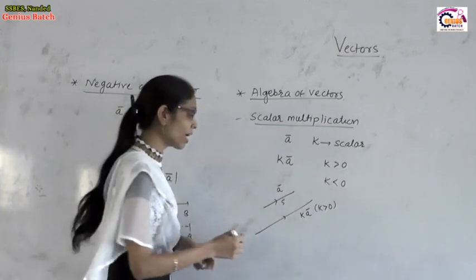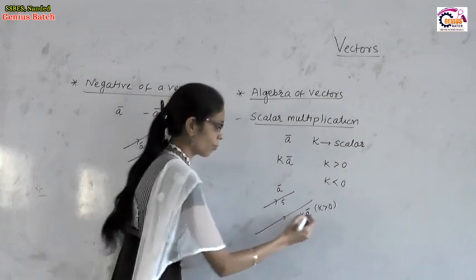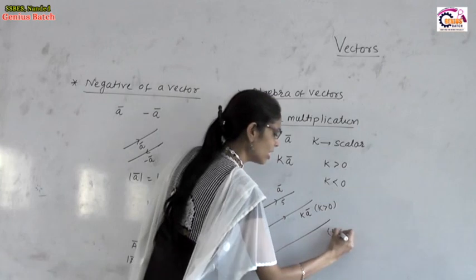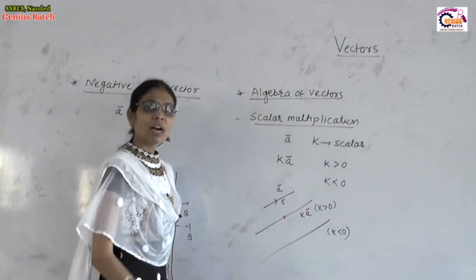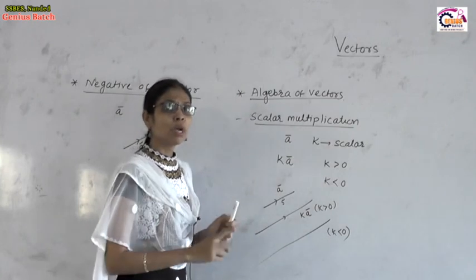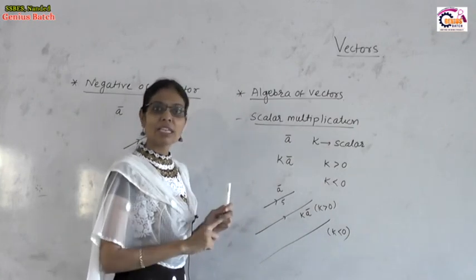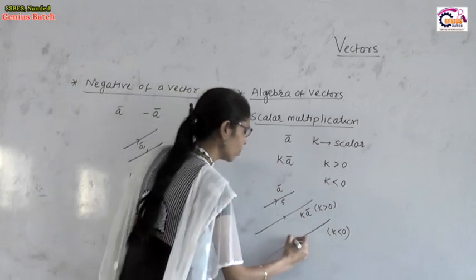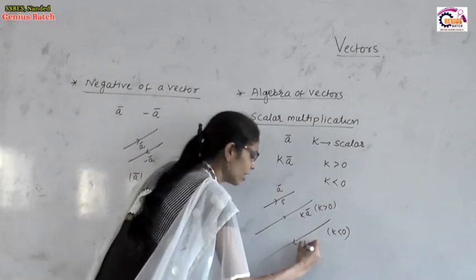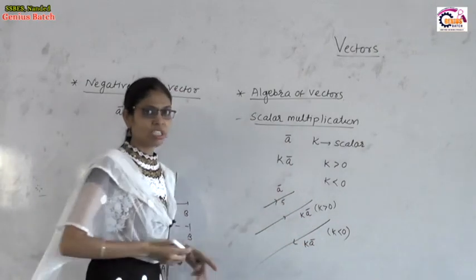But if I multiply it by -2, that is, a value of k less than 0, negative, again you will get a vector of magnitude 10 units, but now its direction will be exactly opposite to the direction of vector A. So if k is negative, k vector A will be in the opposite direction.